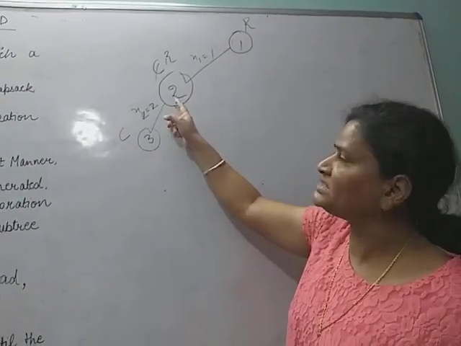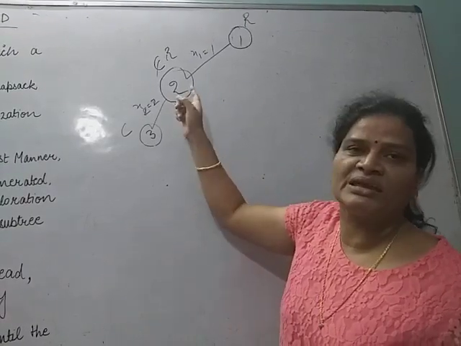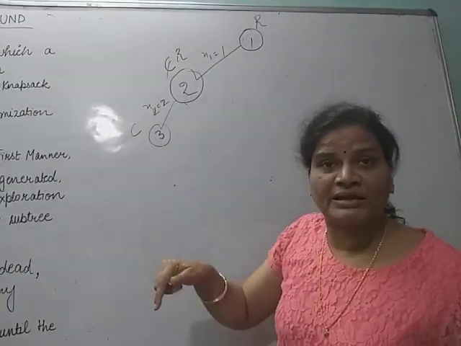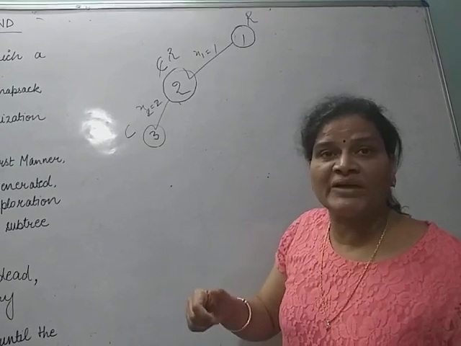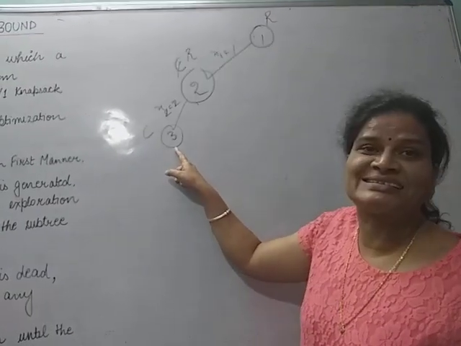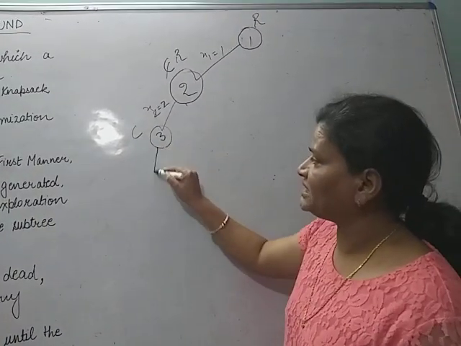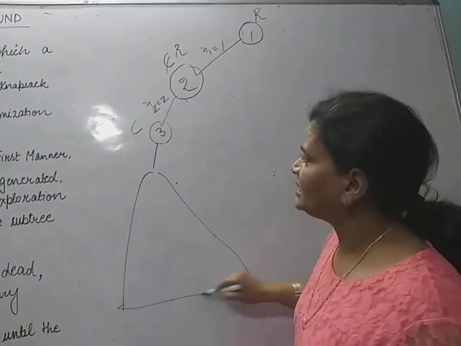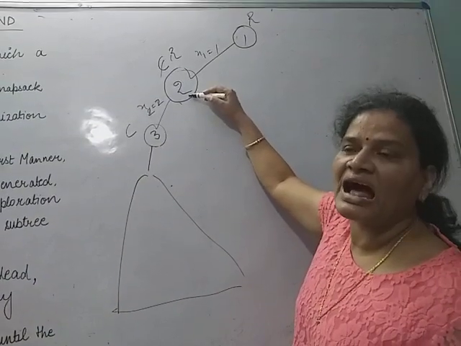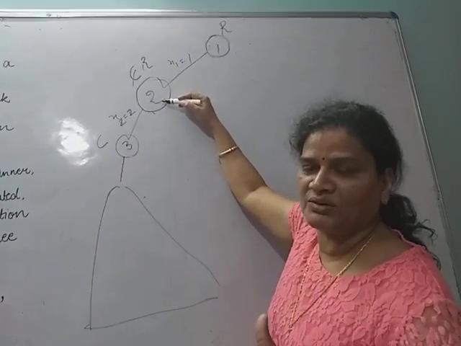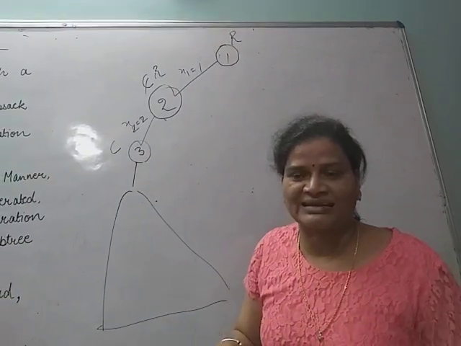Exploration of this R will be delayed and R again will become E node when the subtree rooted at C is fully explored. When this subtree is fully explored, then only this R node will become E node again. That is the concept in backtracking.